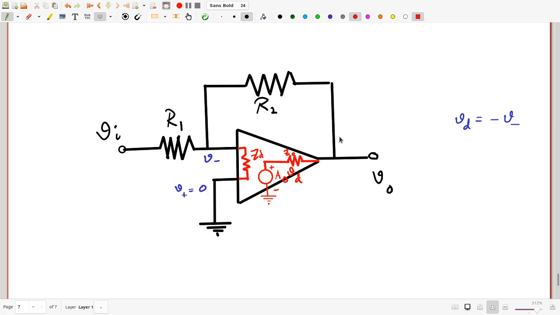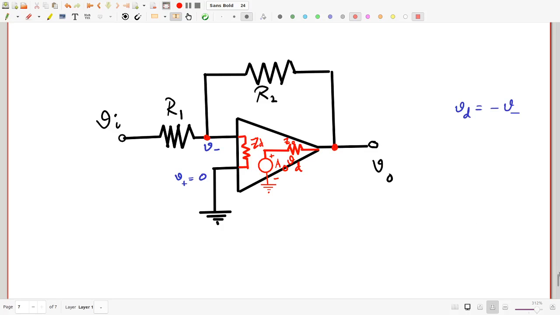But for the time being, just to illustrate what happens and why having a huge A0 helps, let me start with a more realistic picture where A0 is really not infinite but some very large but finite quantity.